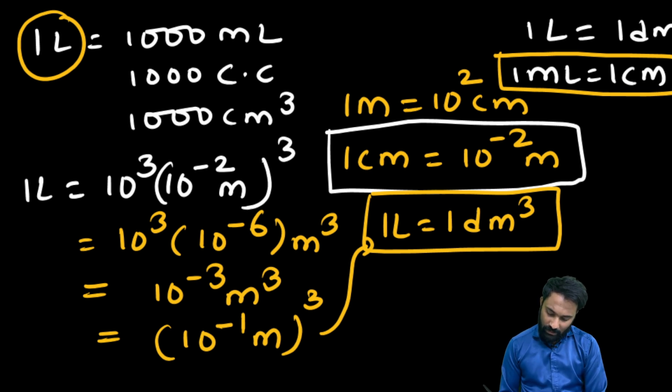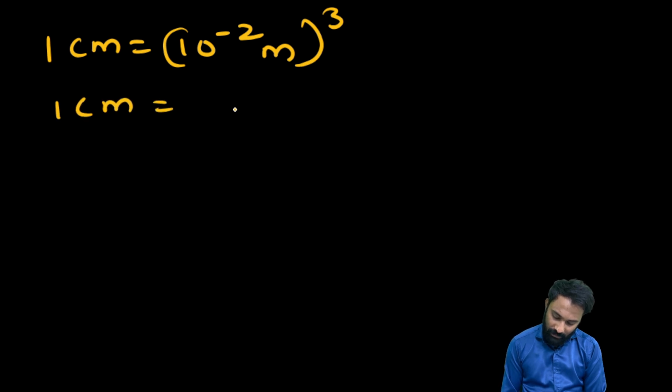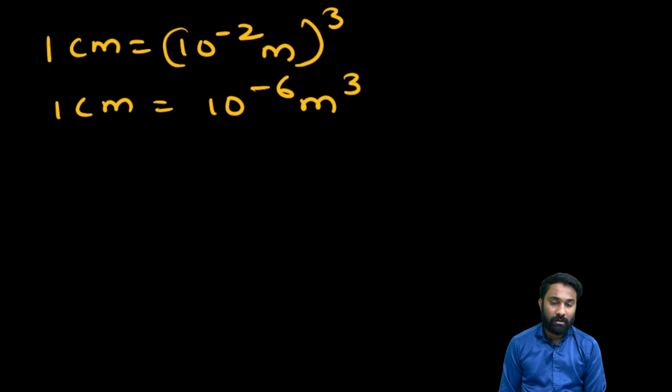Now here also, for this one, if I make it, you can see 1 centimeter is equal to 10 to the power minus 2 meter, right? If I take the whole cube, then 1 centimeter cube will be equal to 10 to the power minus 6 meter cube, right?